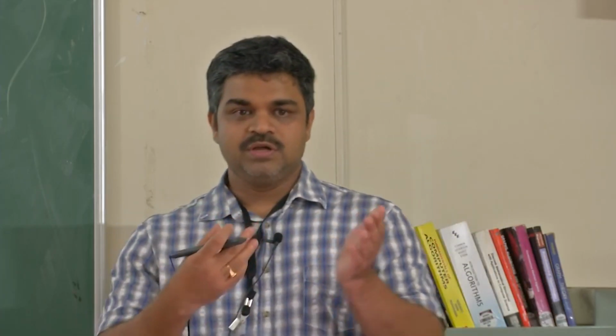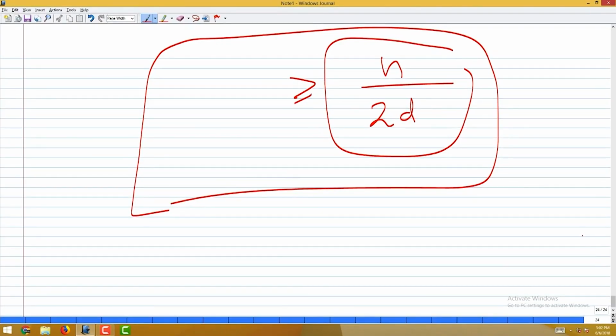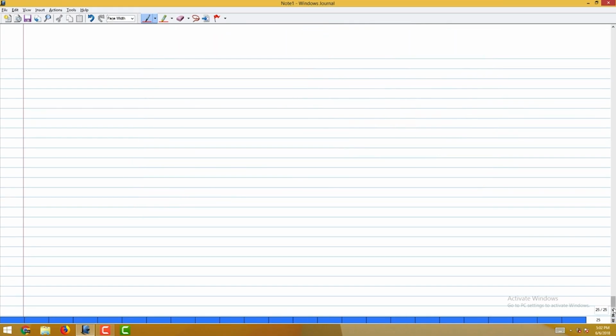You destroy all those edges by removing one endpoint of each edge. So, what is left is x minus y, because y vertices will be removed from x, and x minus y will remain anyway. And we know that the selection was such that x minus y was at least n by 2d. So, the remaining set is an independent set, and we get an independent set of cardinality at least n by 2d.